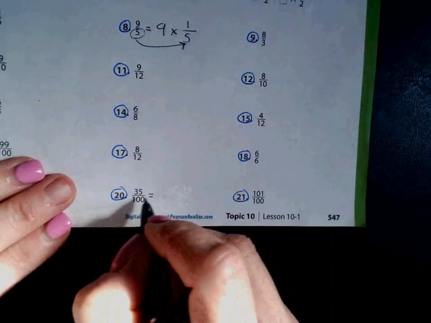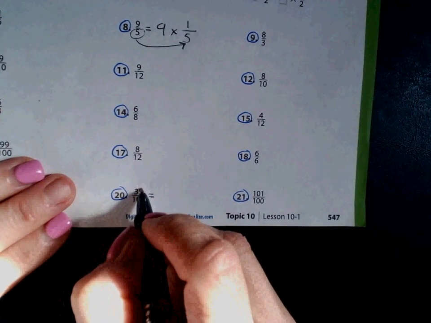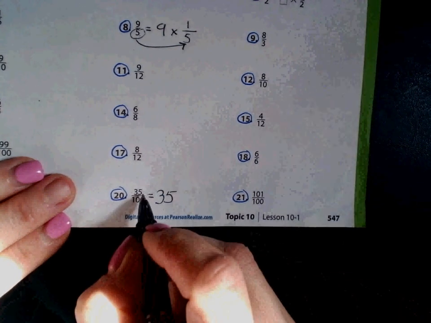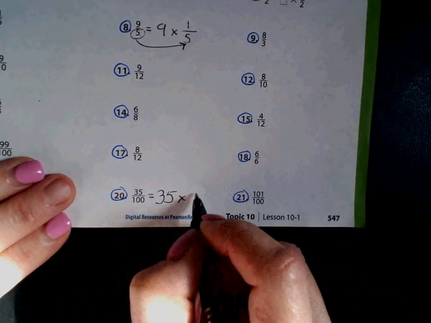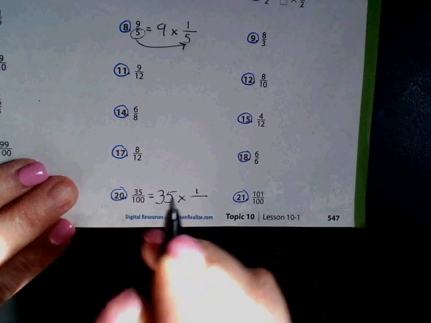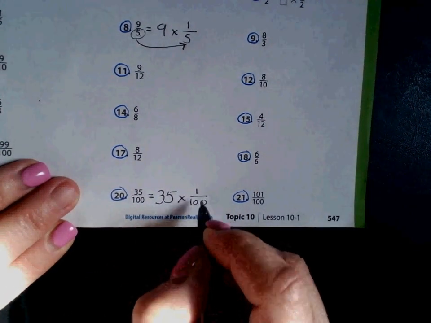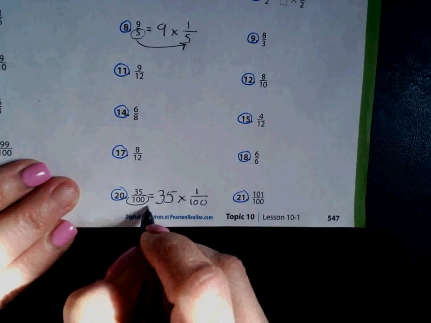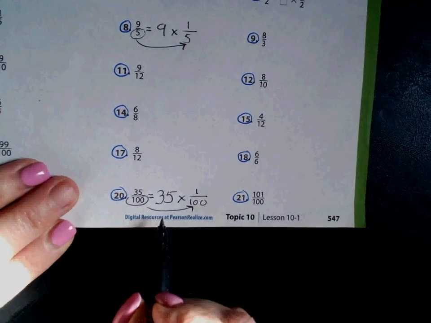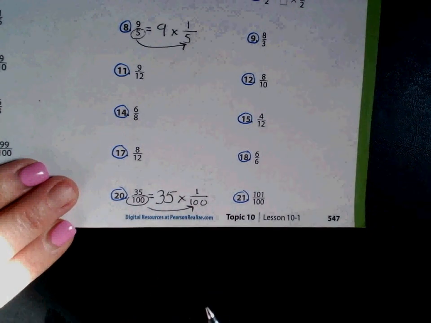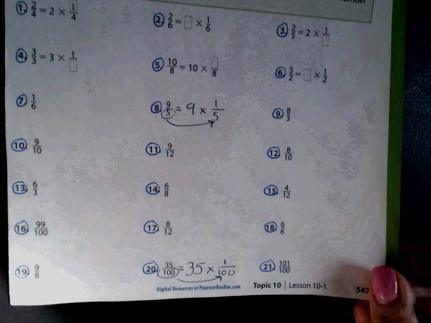Let's look at number 20. My first number, I'm going to look at my numerator and write that nice and big. So I have 35 times my unit fraction of 1, and my denominator is 100 because that's what my denominator was here. So this means I would have 35 copies of 1/100th.